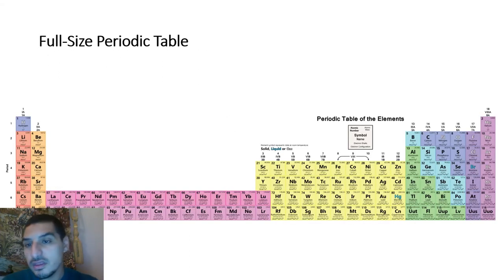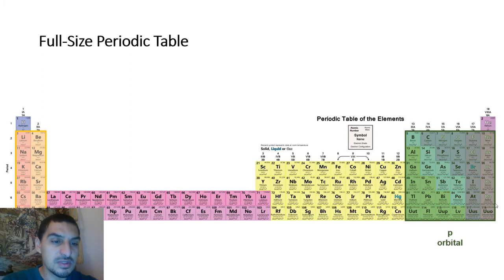And that's why the periodic table looks like this. If you take a look at it, you will find that this is filling only 2 electrons. This is 1 electron, this is 2 electrons, and this represents the S subshell, the S orbital. And then you'll find that this part of the periodic table is composed of 6 columns, which means that this represents the P orbital.